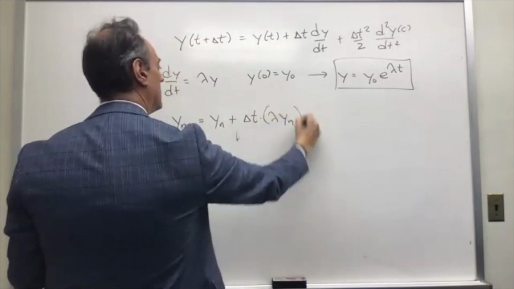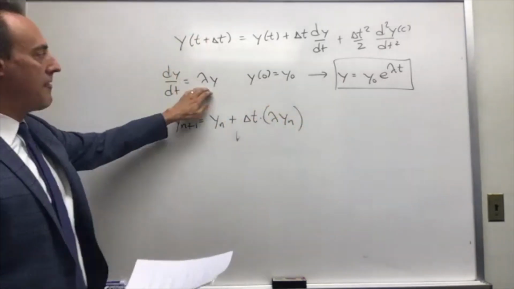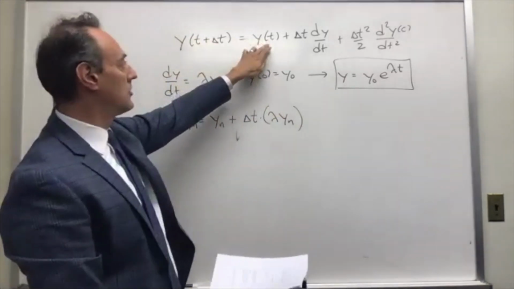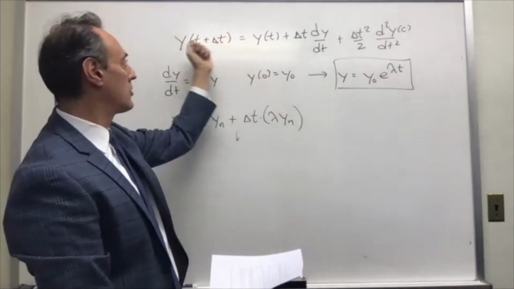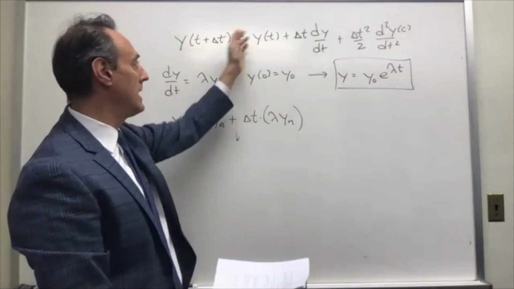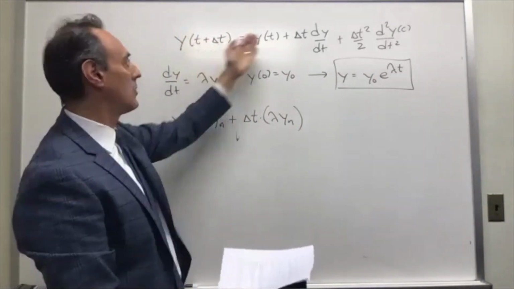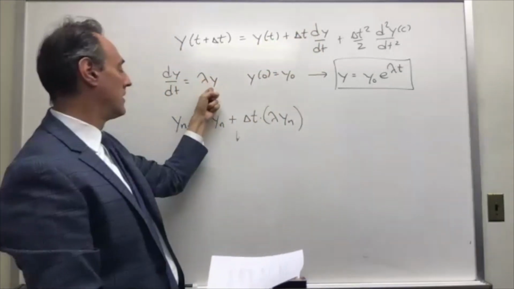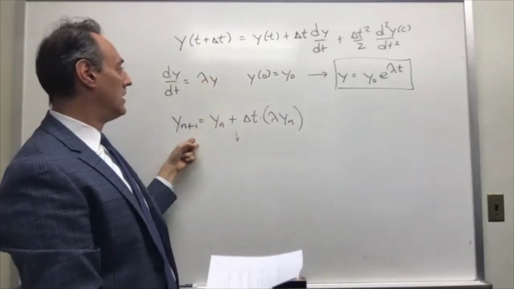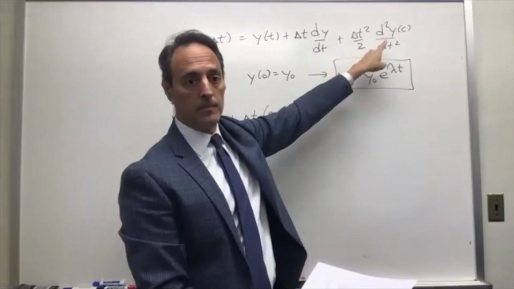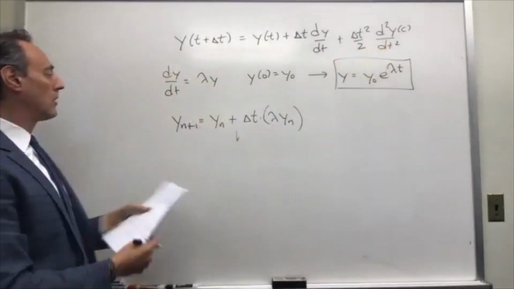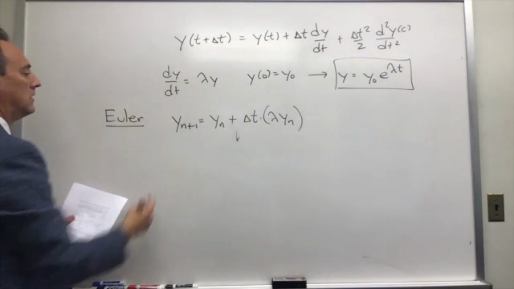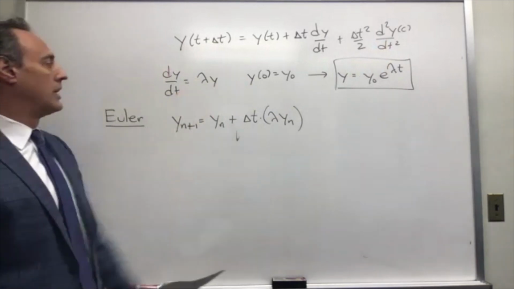So here's the F. And from what we had before, y of n plus 1 is equal to y of n plus delta t dy dt, which is lambda y of n. This is it, and I drop that term. So this is my Euler approximation to solving this differential equation.